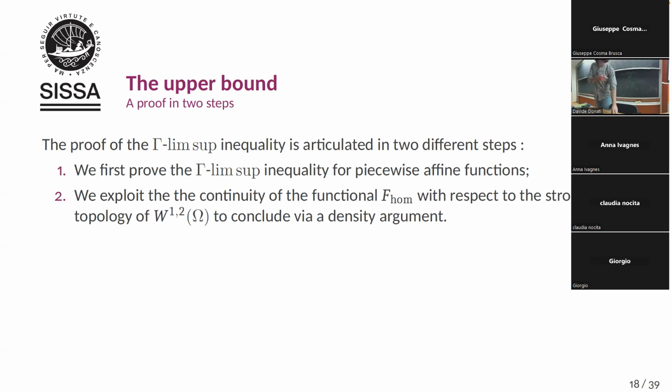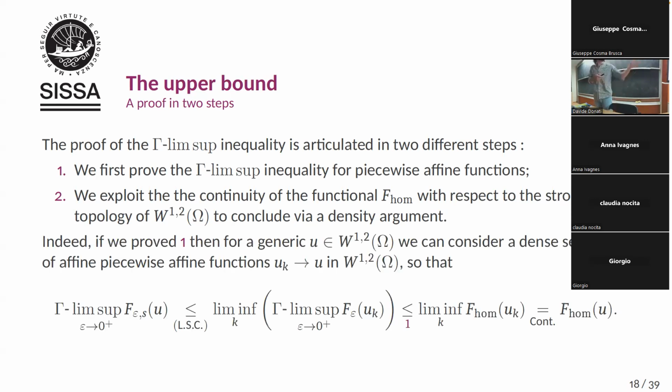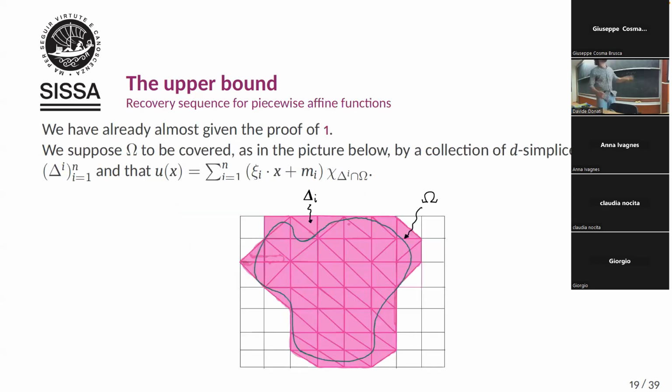I mean, this is sufficient because we know that piecewise affine functions are dense in the strong W^{1,2} topology. And then this will allow us with this simple line of proof to show that the gamma limsup inequality holds for any u, knowing that it holds for piecewise affine functions. So we have to concentrate only on piecewise affine functions.